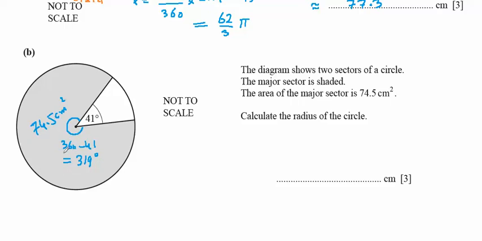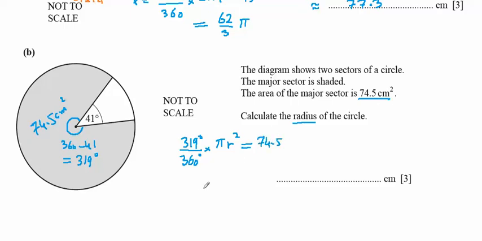It is asked to find the radius. The area is given, so we'll use the area formula of the sector. So area is 319, the angle, divided by 360 times pi r squared, and it is given that it is 74.5.